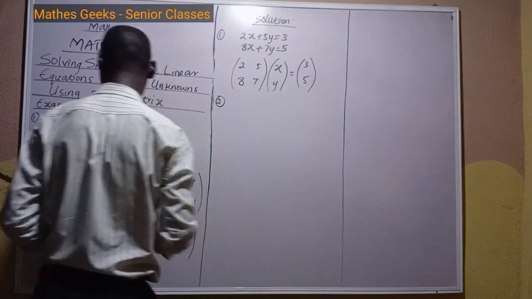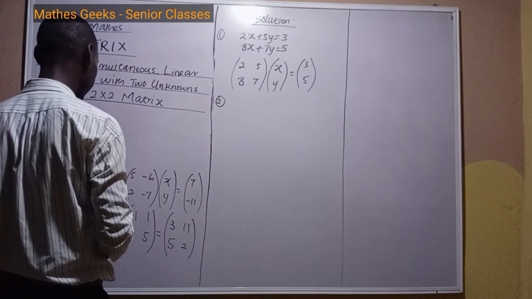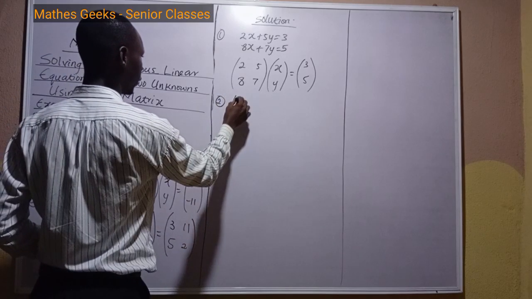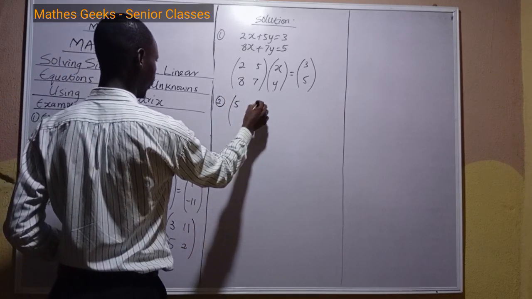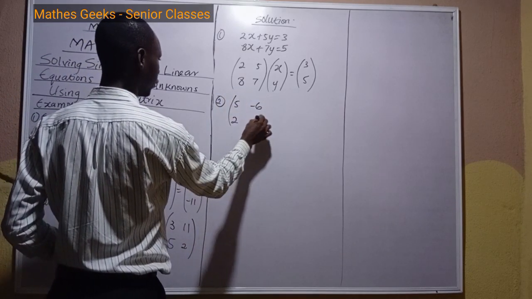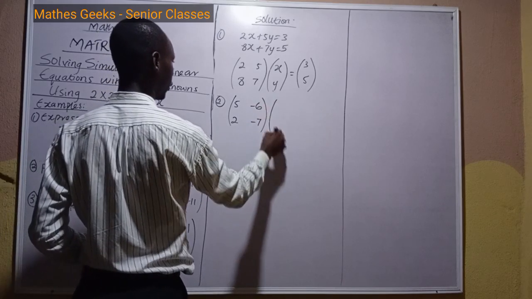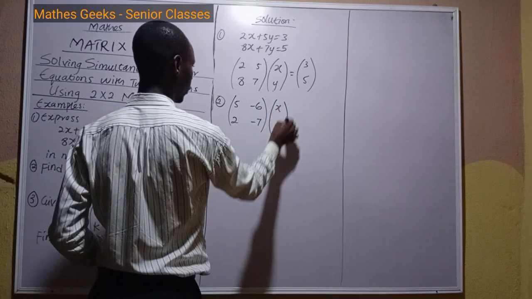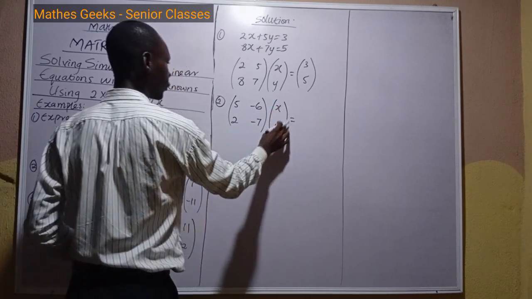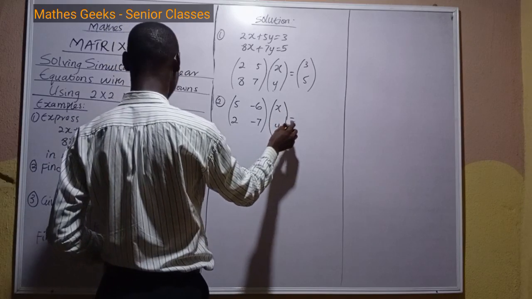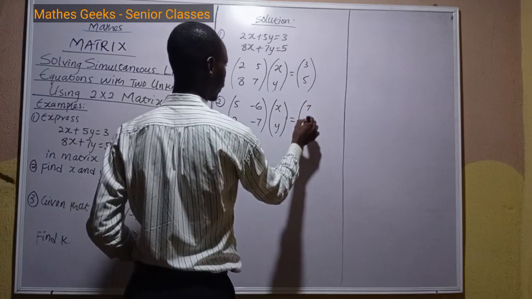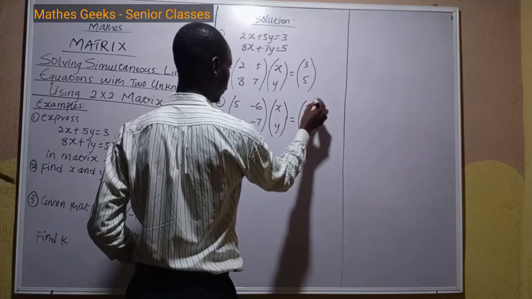Number 2. Find x and y if the matrix 5, minus 6, 2, minus 7 times x, y is equal to 7, minus 11.